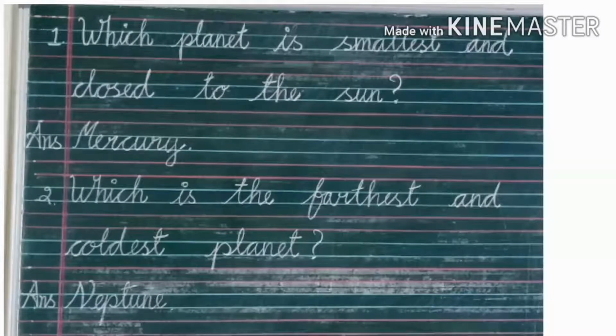The answer is Mercury. So which is the smallest and close to the sun, children? Which planet? Mercury.